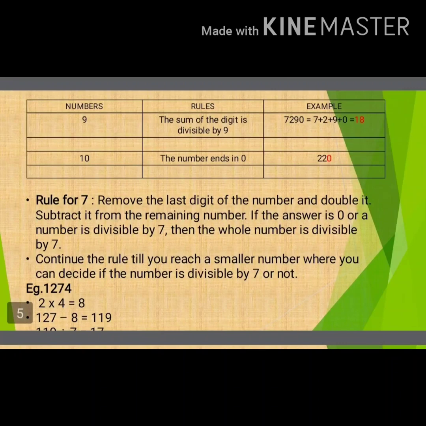Now we will see the divisibility rule for 7. Here the example taken is 1274. To check if the number is divisible by 7, double the last digit, starting from the ones place. When I double 4, I get 8. Subtract it from the rest of the number. That means 127 minus 8 will give me 119.